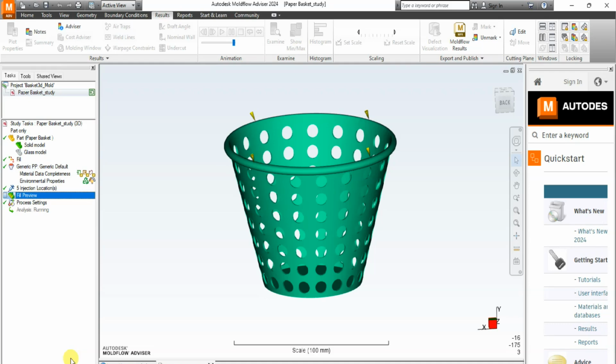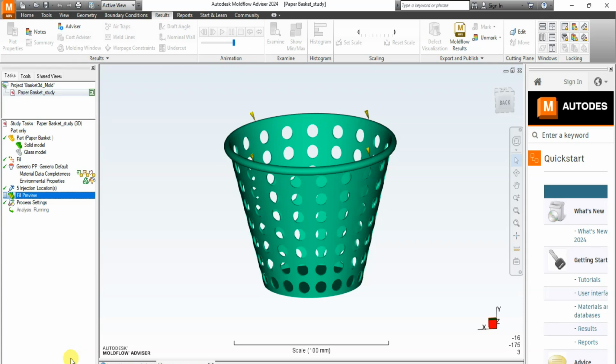So the mesh is complete and the analysis is about to commence. Alright, so the analysis has commenced, and we're beginning to see the results of this basket object.